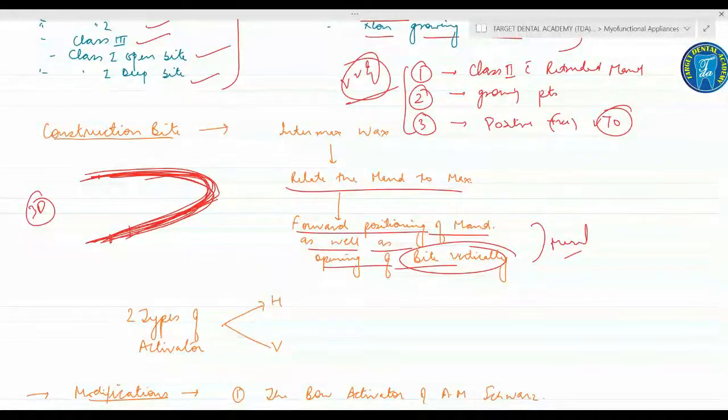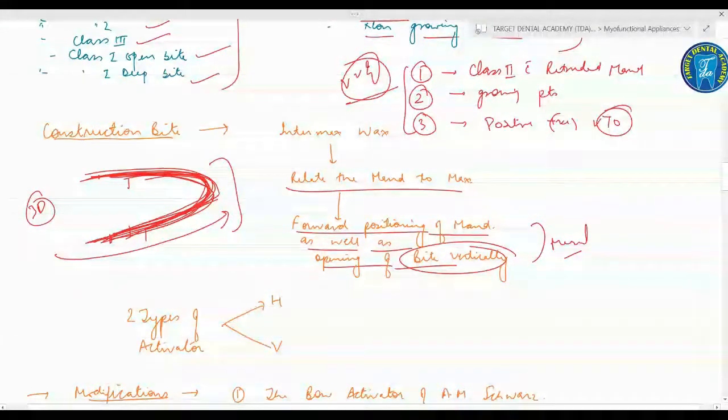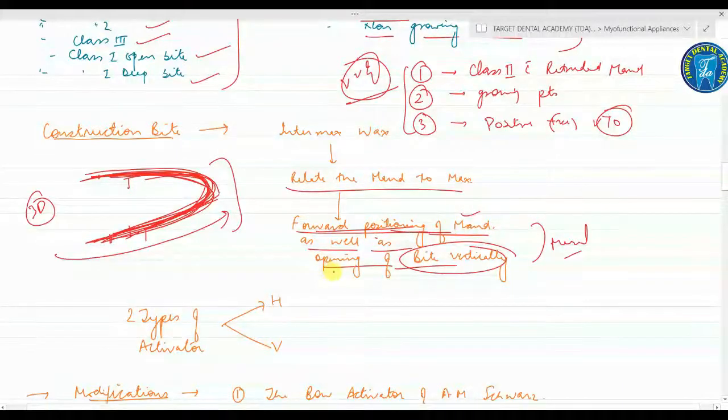So I am repeating it again. The construction bite, that is the intermaxillary wax, is placed between the maxillary and mandibular arch of a patient, and then you ask the patient to bring his mandible in a forward direction. When he does that, the bite is registered, which involves the forward positioning of the mandible.